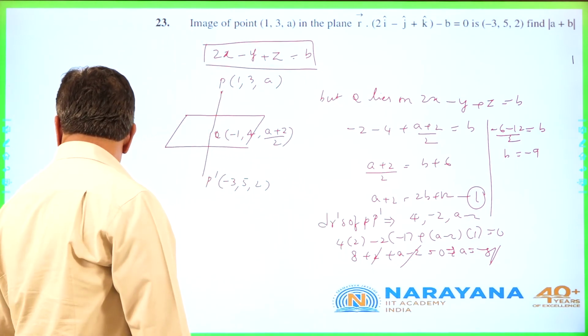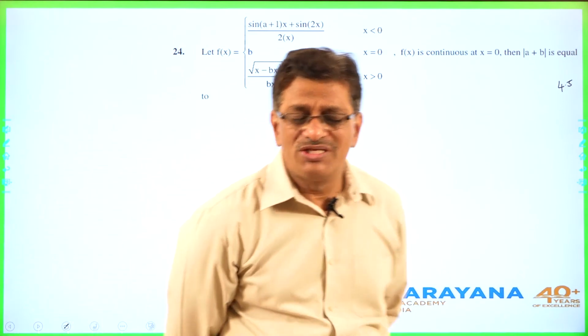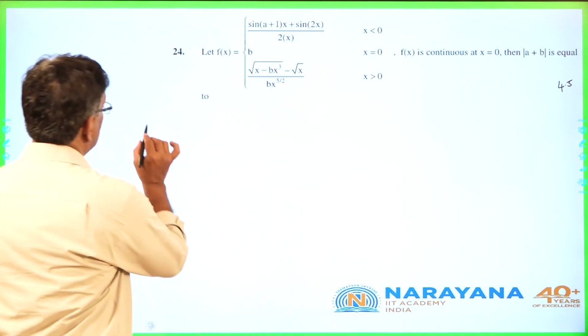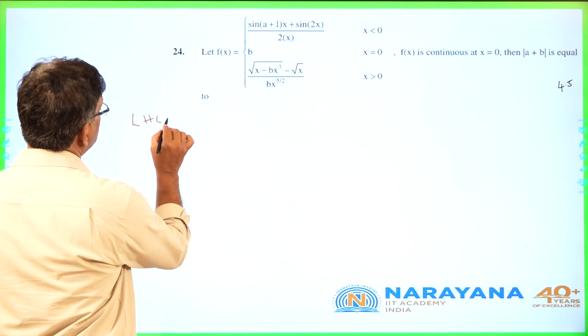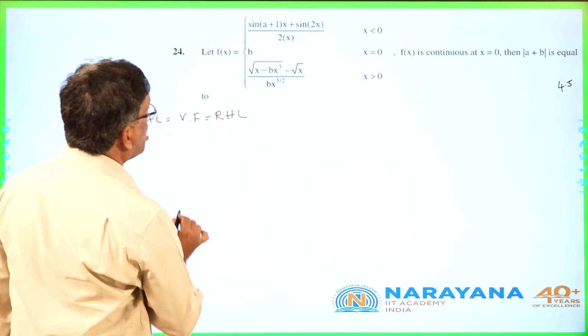Next, let us go to the next problem. Yeah, this is also a previous IIT question, 2-3 times they have given. So in order to be continuous, we know that LHL equal to value of the function equal to RHL.